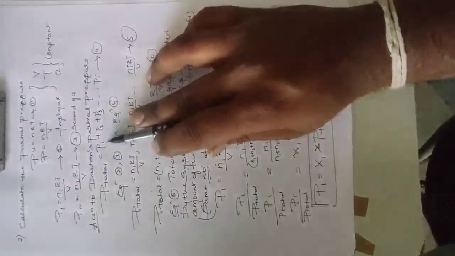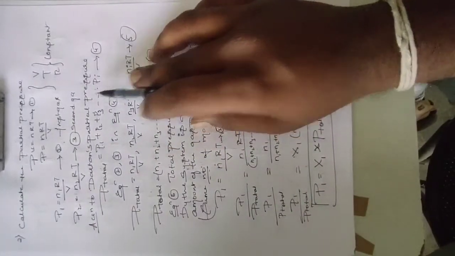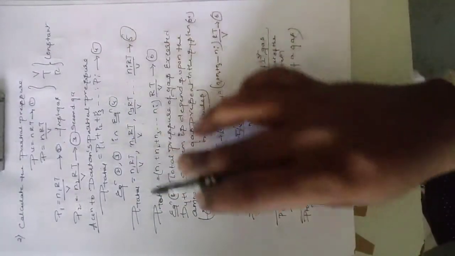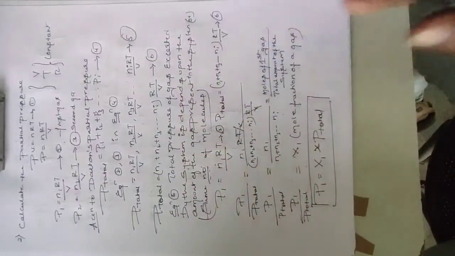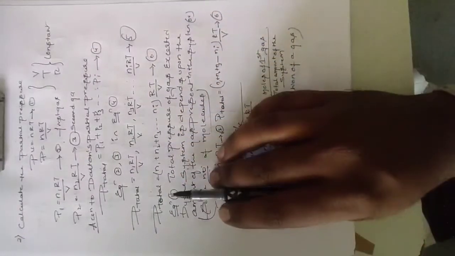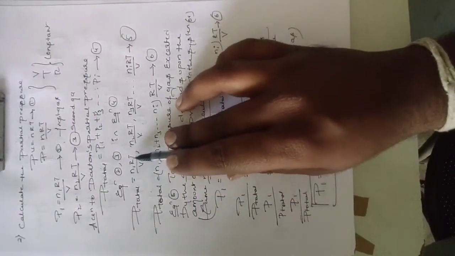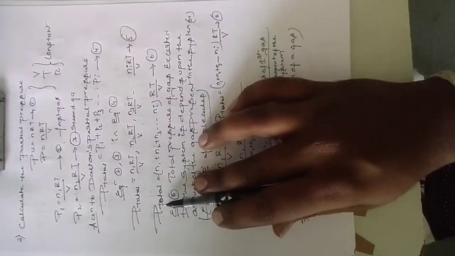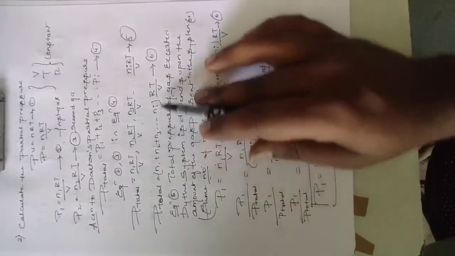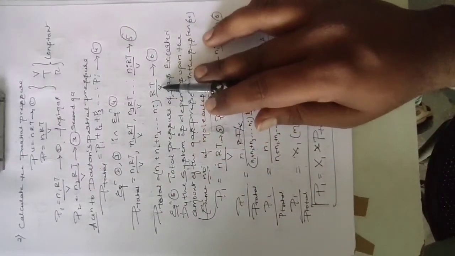Equation number 2 and equation 3 are substituted in equation number 4. We get total pressure equals N1 RT by V plus N2 RT by V plus N3 RT by V and so on. If you take RT by V, the constant terms, on the right side, we get P total equals N1 plus N2 plus N3 and so on, times RT by V.